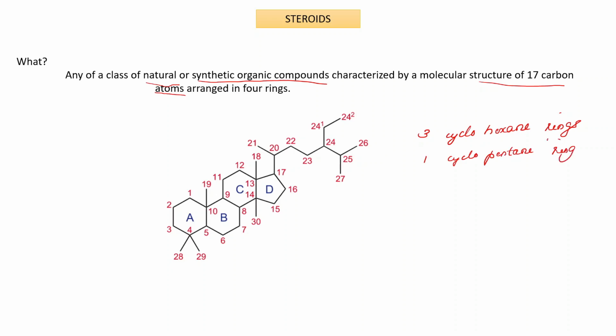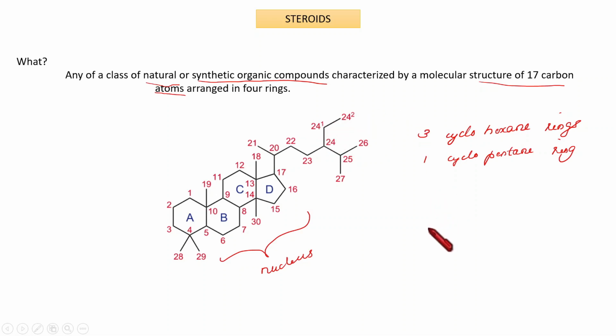Then where is that cyclopentane ring? This one. So these three cyclohexane rings and this one cyclopentane ring form the nucleus of the steroid, and to this, different groups attach to form different types of steroids. I hope that what steroids are is very clear to you.